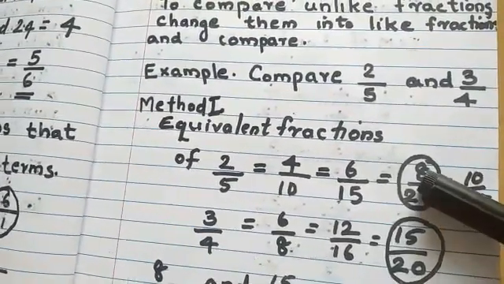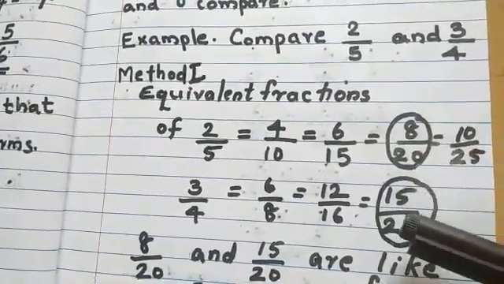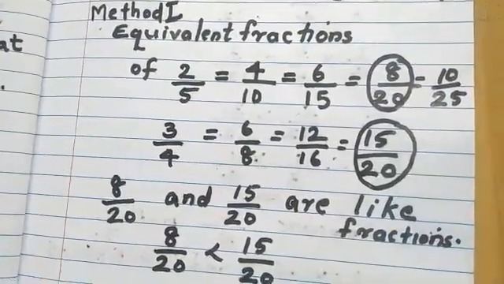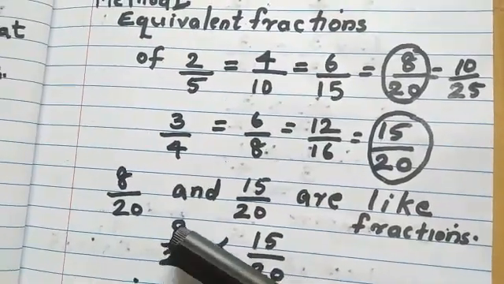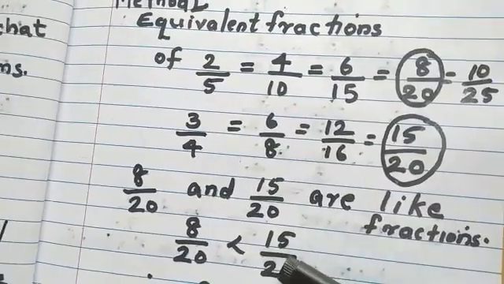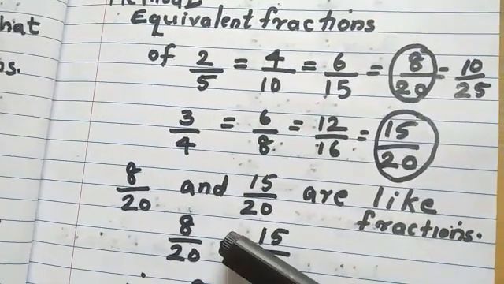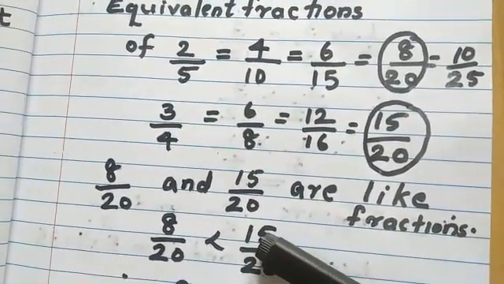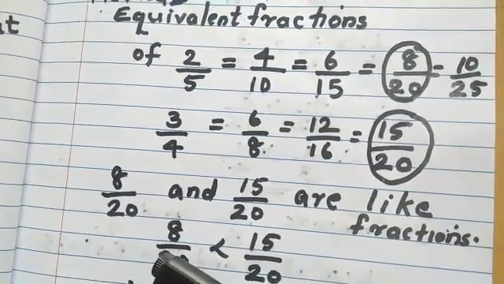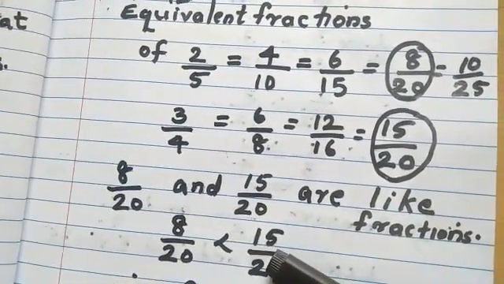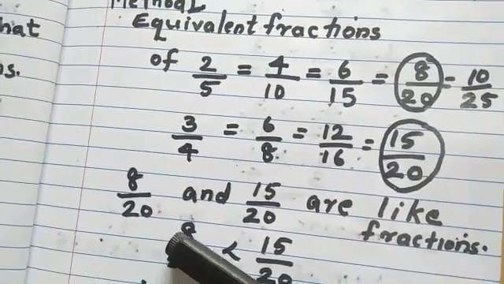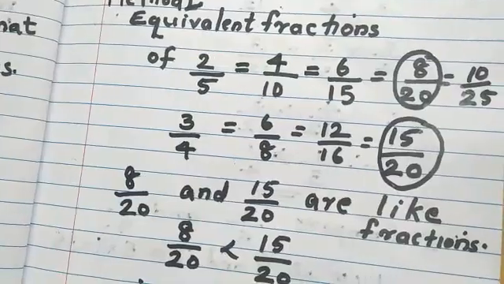So, we can compare 8 by 20 and 15 by 20. Normally, the greater the numerator, the greater the fraction. Now, you can observe these two fractions are like fractions, so we can compare only numerators.